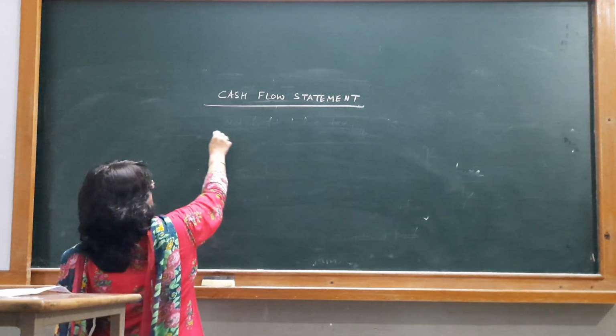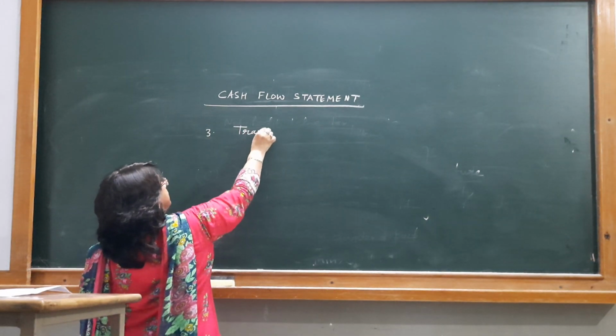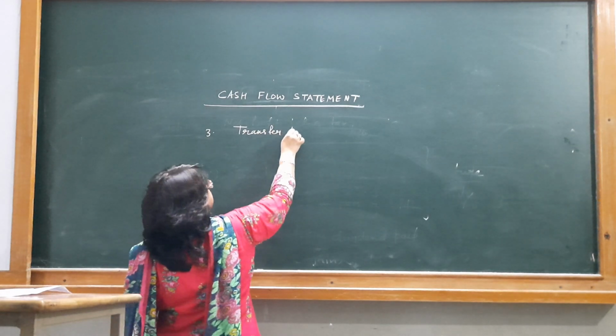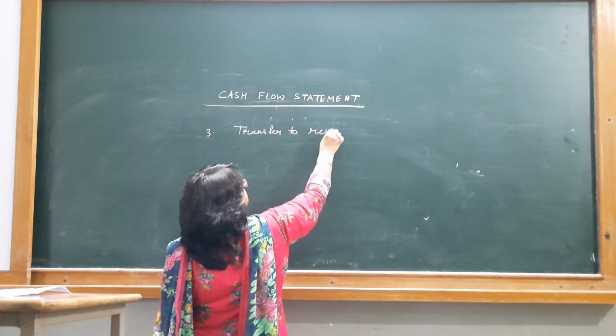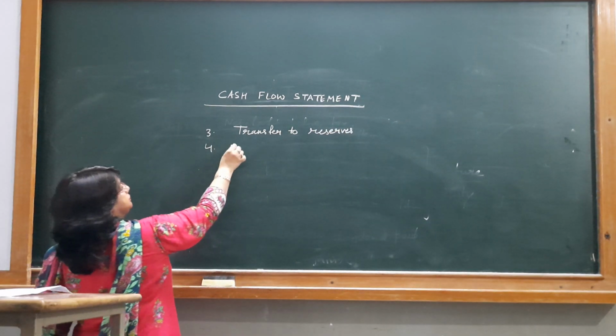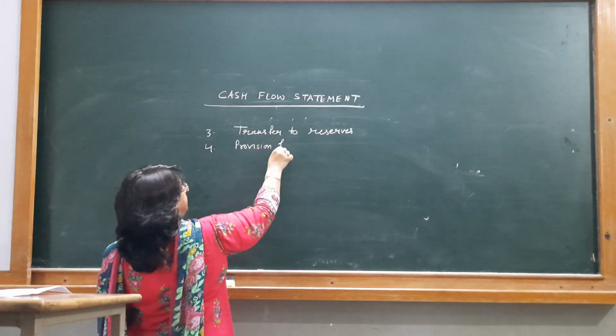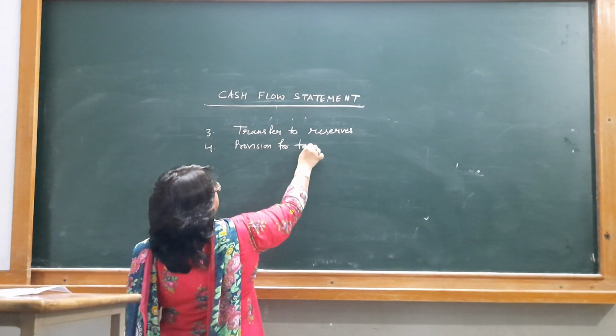I am continuing with the third item, transfer to reserves. Fourth item, provision for taxation made during the year.